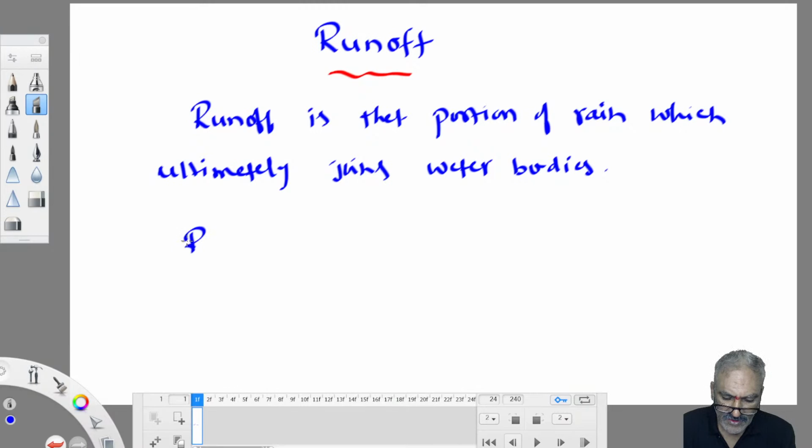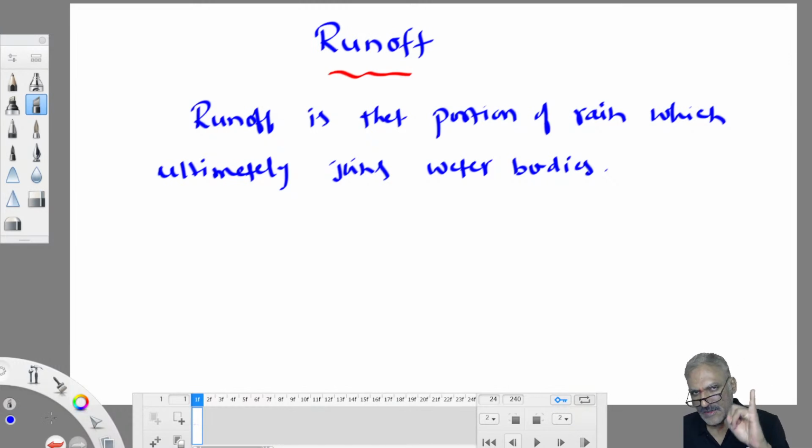Normally we work out runoff by different methods. Runoff is the only quantity which cannot be measured, which can only be estimated by a mathematical approach. To work out runoff, this hydrology subject is required. Runoff cannot be measured by any device.